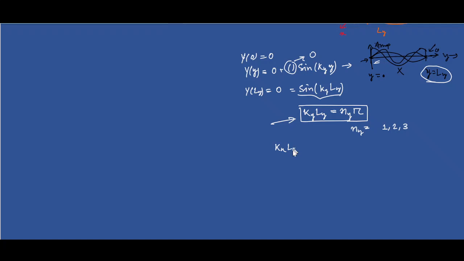kx times lx equals nx pi and kz lz equals nz pi.